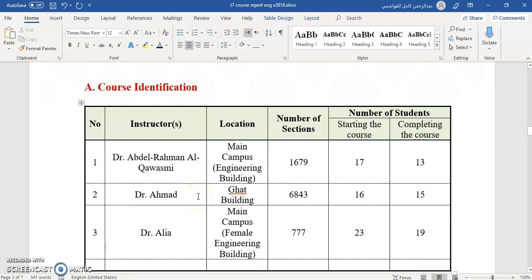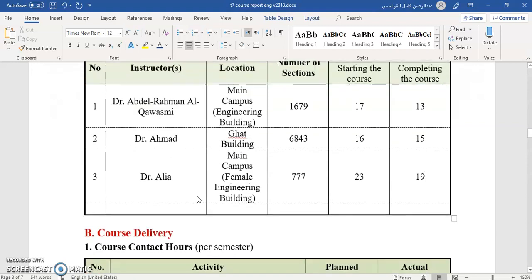We have now 2 ways to fill the course report. As you know, because there is one coordinator, the teaching strategies used, the assessment methods, the recommendations, action plans, and everything should be the same for all courses.